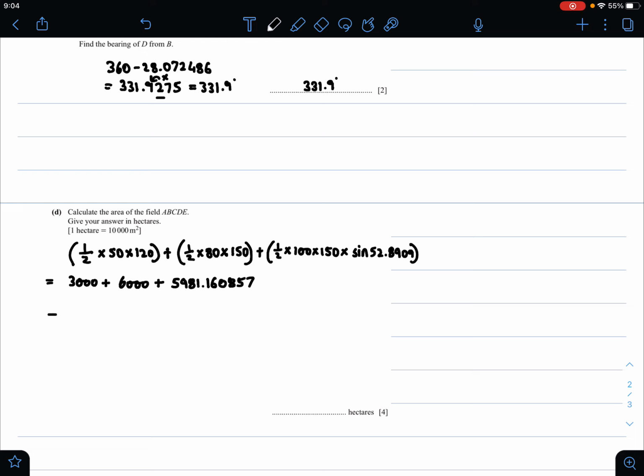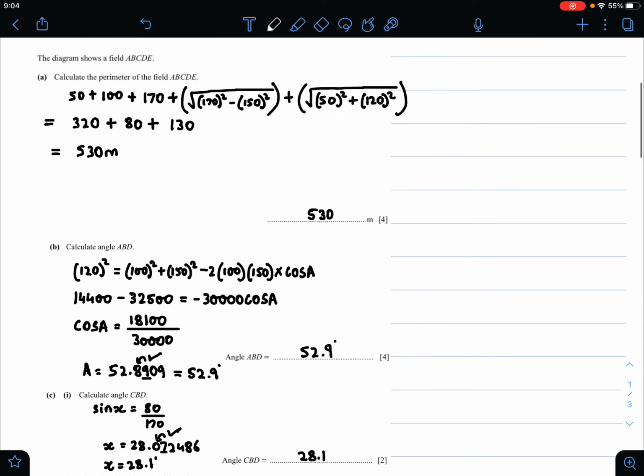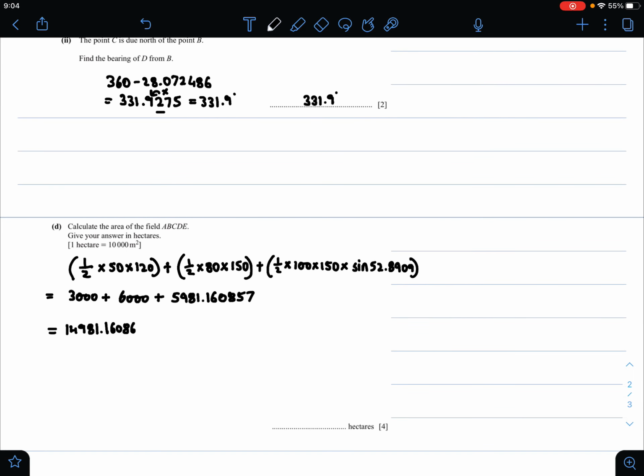Therefore, you will get the sum of this as 14,981.16086.